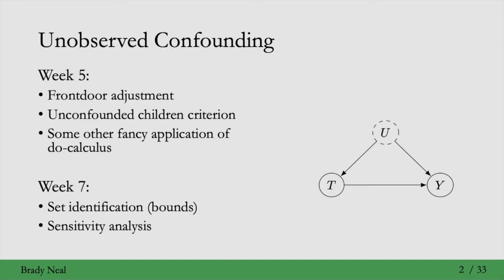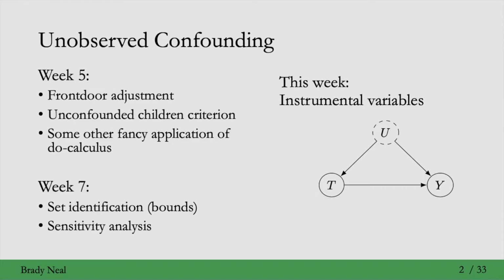And then we also saw sensitivity analysis, which is where we try to quantify how different the true causal effect would be from our estimate, where we adjust for observed confounders based on the postulated strength of the unobserved confounding. Right, so this is where we got those bias curves depending on how strong the unobserved confounding is.